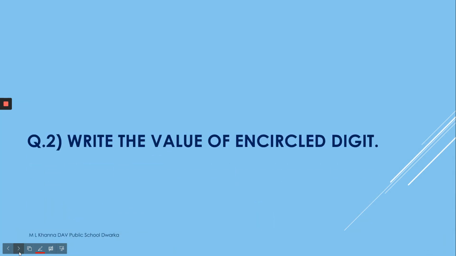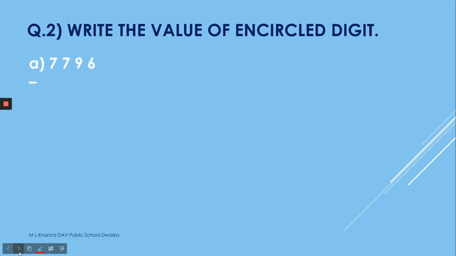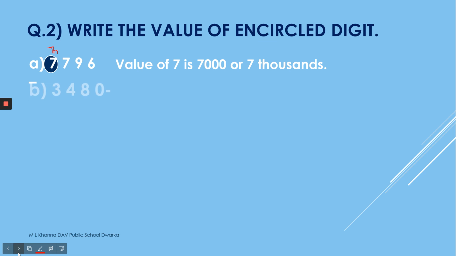Question number 2, write the value of the encircled digit. Here, the circled digit is 7. Can you tell me the place of 7? Yes, it is 1000. And what is the value of 7? 7000. In B part, the circled digit is 8, its place is tens, its value is 8 tens.